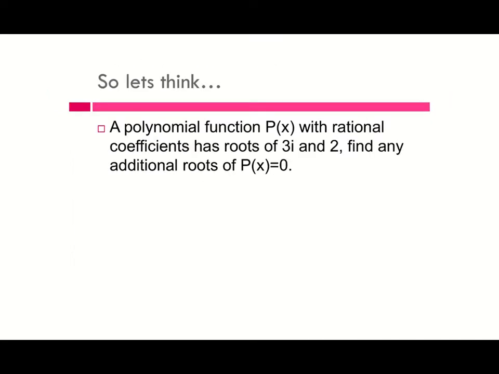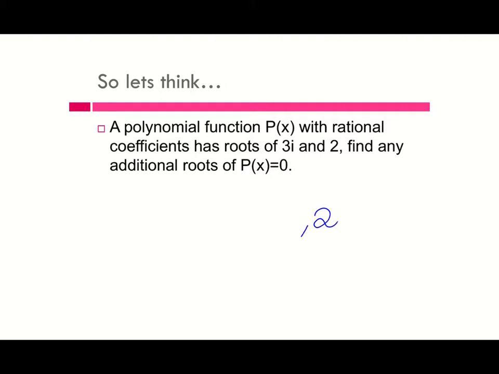So let's think about it. If we have a polynomial function, p of x, with rational coefficients, and it has the roots 3i and 2, find any additional roots. Looking at it, we have 3i and 2, and 2 is a real number, so it's just 2.